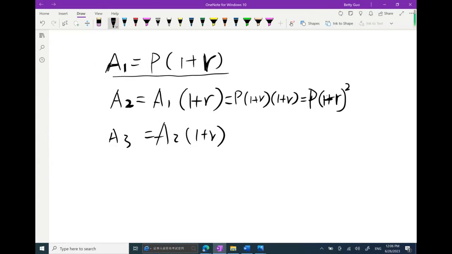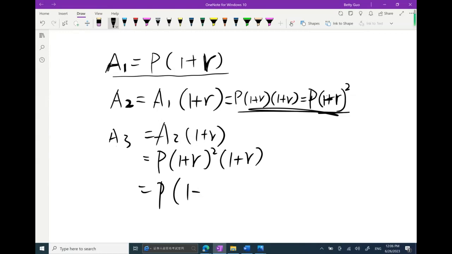And A sub 2 times 1 plus R: we just got A sub 2 is P times 1 plus R to the power of 2. Bring down the factor 1 plus R, and we have P times 1 plus R to the power of 3.